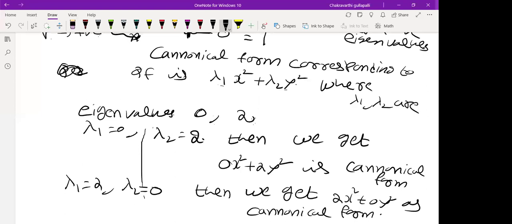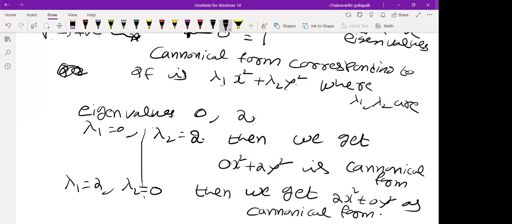Permutations and combinations: if there are n different objects and n different places, they can be arranged in n factorial ways. If there are n objects and places are r, then you can fill them in nPr ways. I'll give you that shortcut.